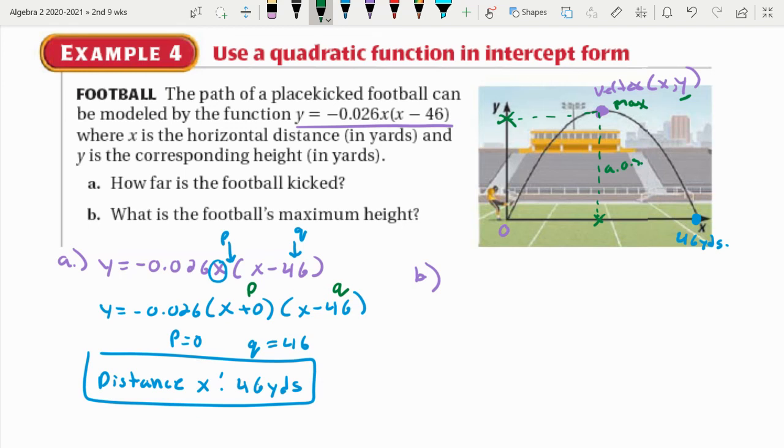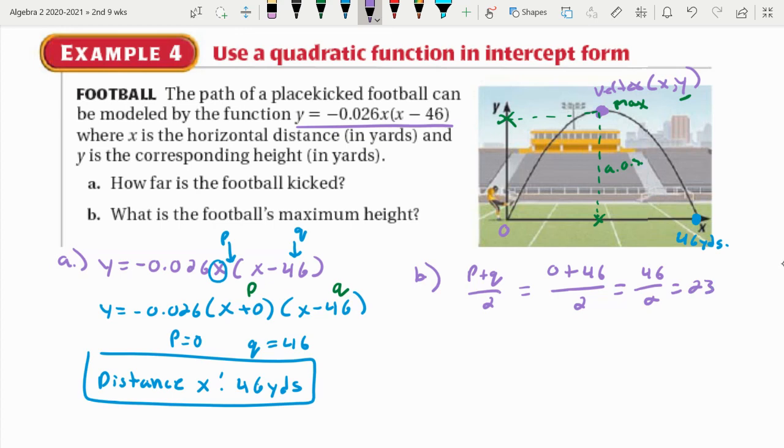All right, so this one's kind of easy to figure out. We can use our equation. So let's do that. I'll do it both ways. So P plus Q over 2, since we want to find this axis of symmetry, because basically what they're asking us to find is the vertex. All right, so if P is 0 and Q is 46, divided by 2, we get 46 divided by 2, which is 23.